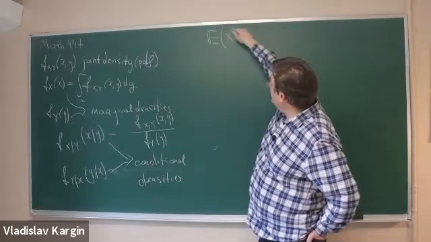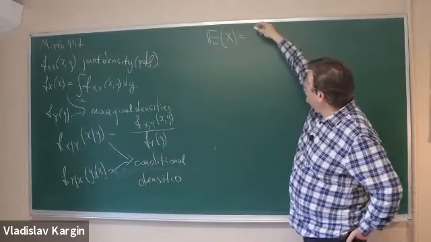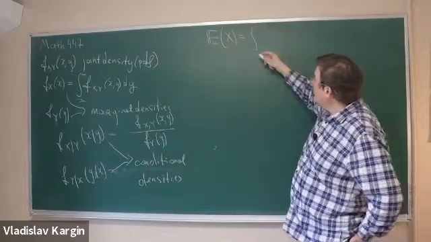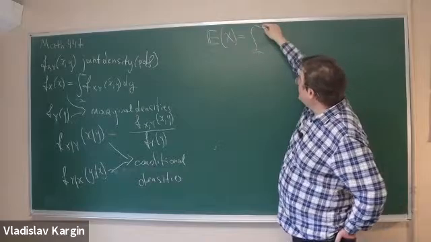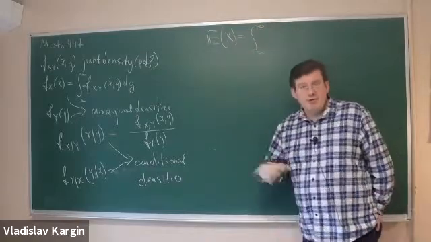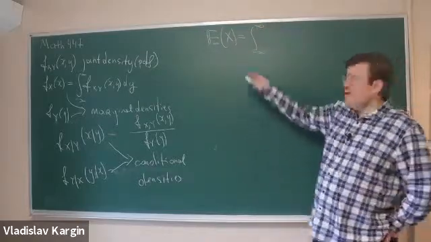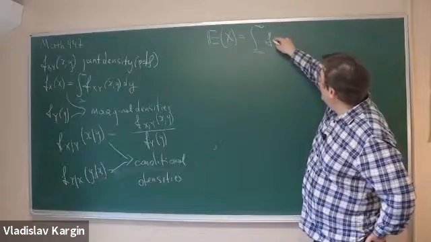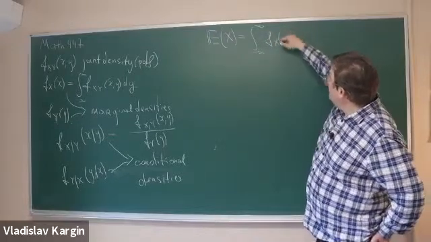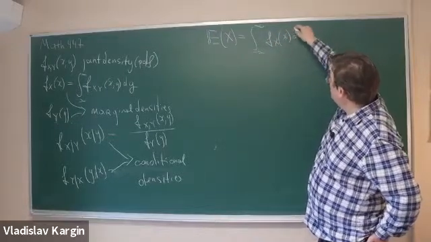So we can calculate something like unconditional expectation. So expectation of x would be this integral, and again, in principle, I write minus infinity to infinity. In all examples, it will be over the range of the density. And so here will be f of x of x small dx.